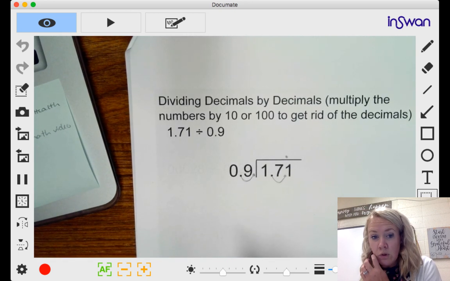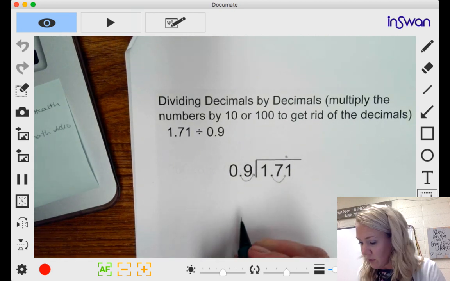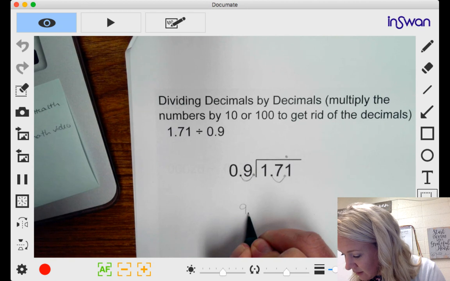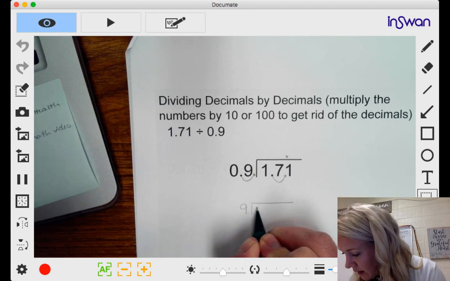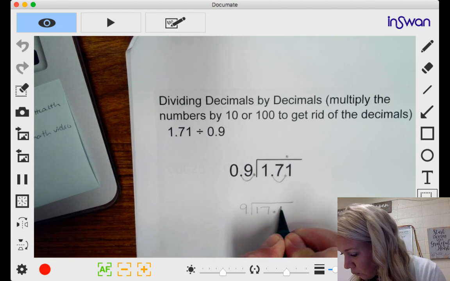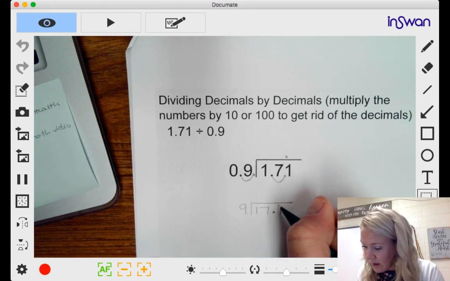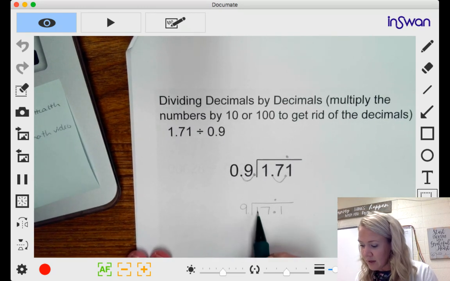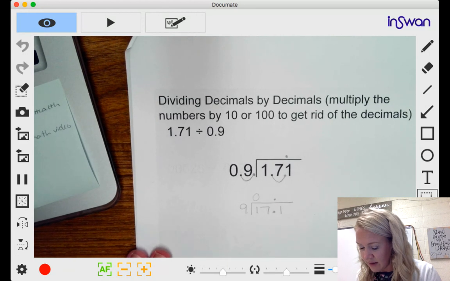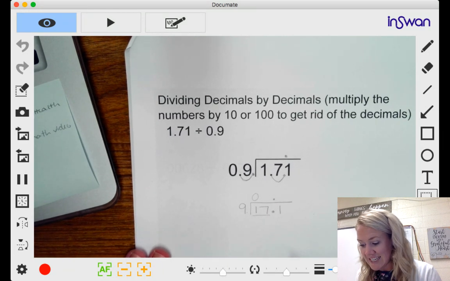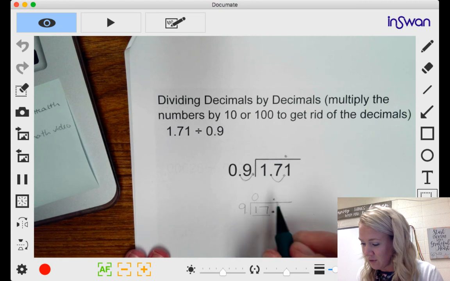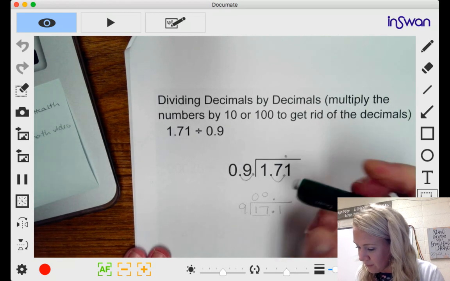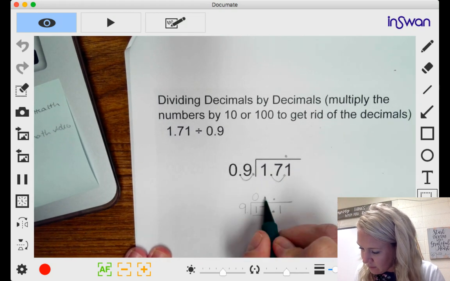If you want to, you could rewrite the problem if it's still too much to look at. So now I have 9, and I have 17.1 because I multiplied both by 10. If that makes it easier for you to look at, you could rewrite it. So how many 9s in 1? Well, there aren't any 9s in 1. 9s in 17? I'm just shy of getting 2, so I can only get 1 out. That's why we work in pencil.